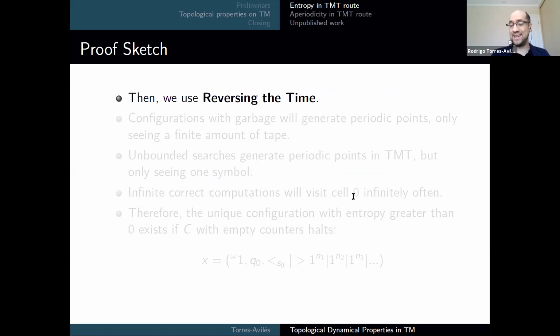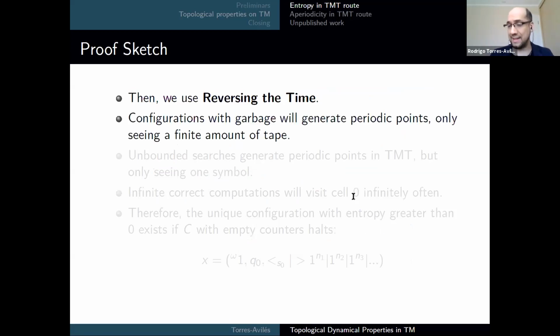Then we use the technique of reversing time, and what we get is that when the configuration has garbage, the machine goes forward in time, halts, and starts the reverse version and keeps looping in a static or strongly periodic point.